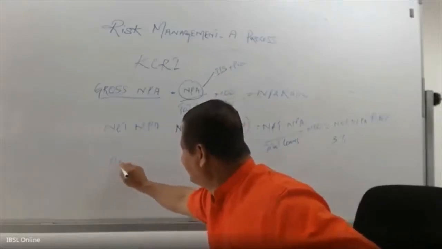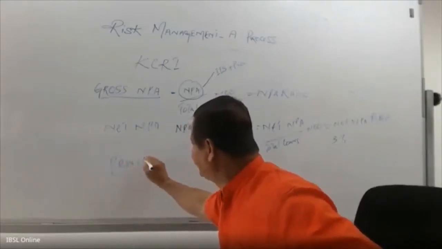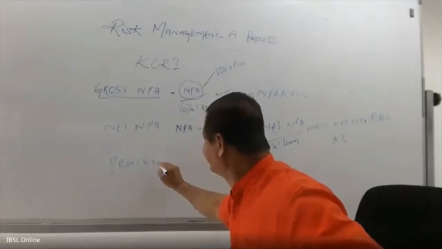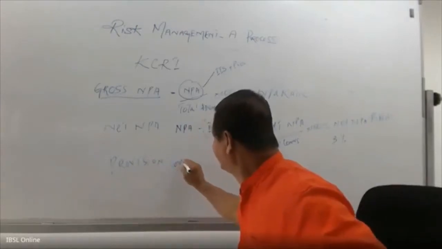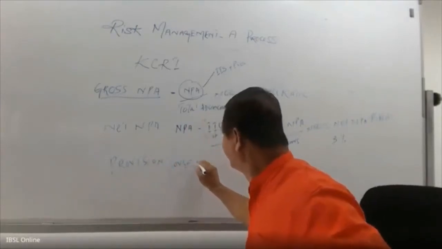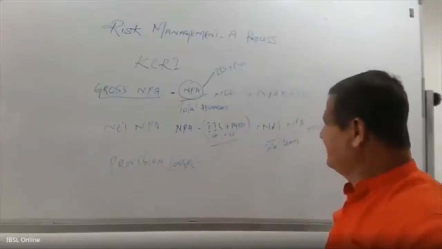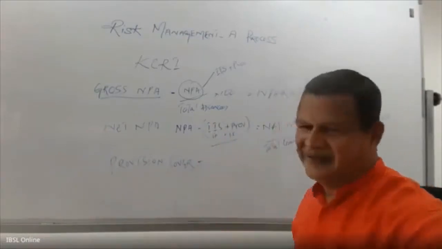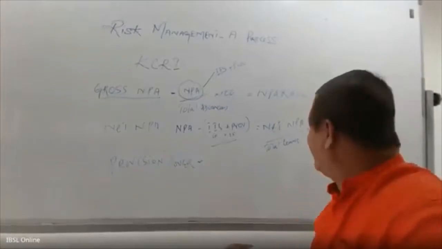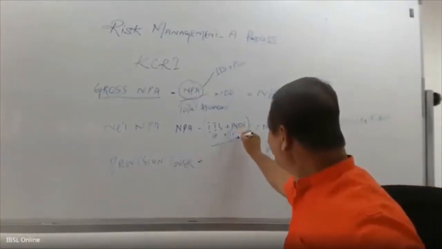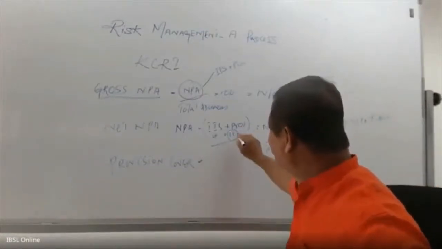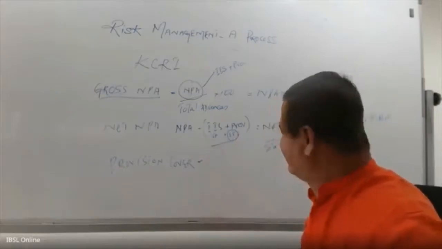The other one is called provision cover. Here I said you have a 5 billion loan, you have provided 1.5 billion.